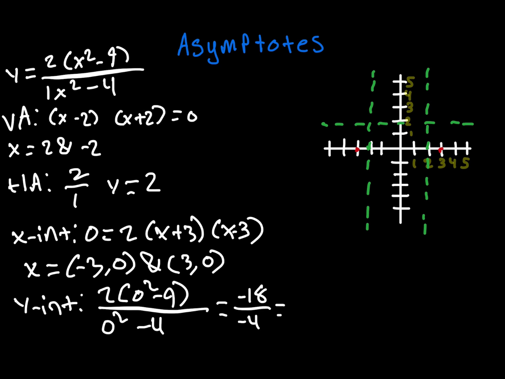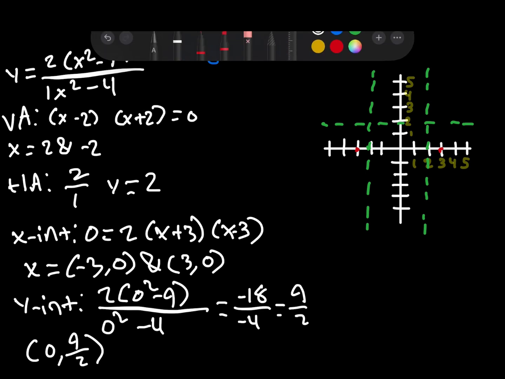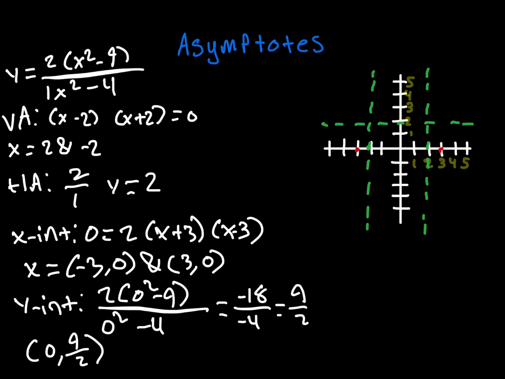Simplified, this would be 9 over 2. So our coordinate notation for our y-intercept would be 0 comma 9 over 2. Let's label that. That would be located right over here. And now we could finally graph.